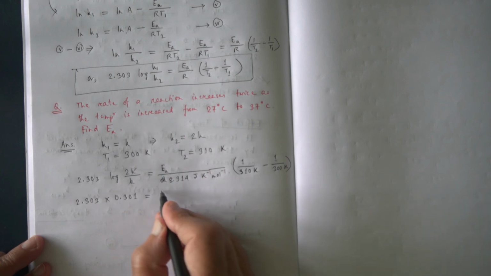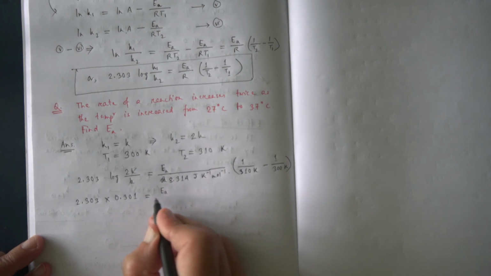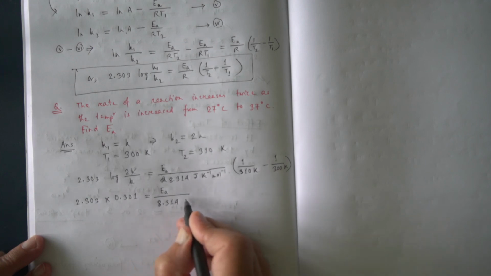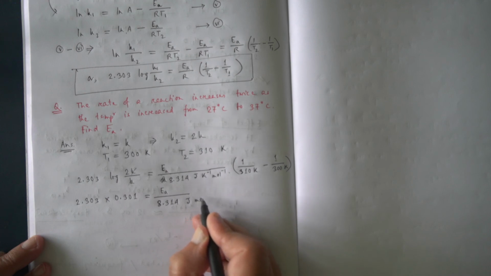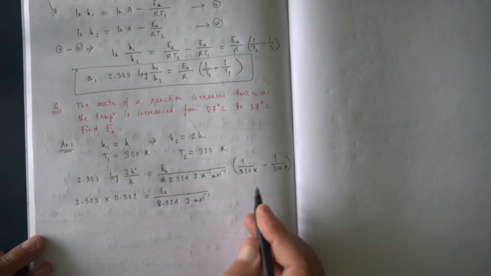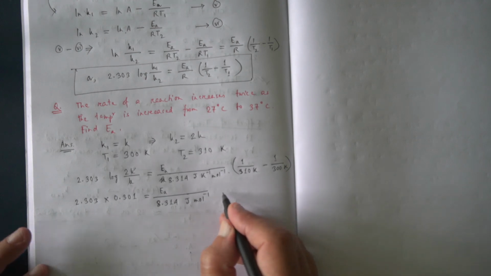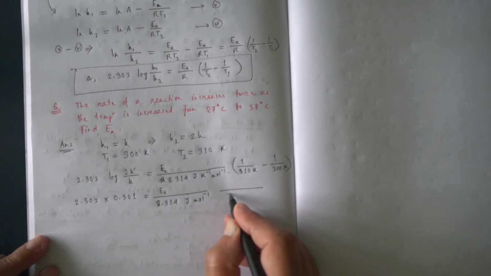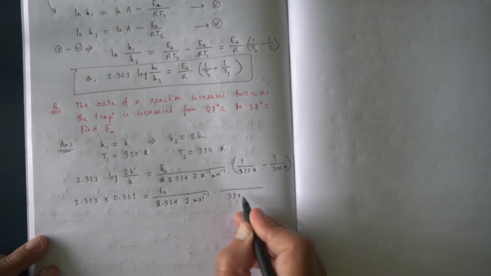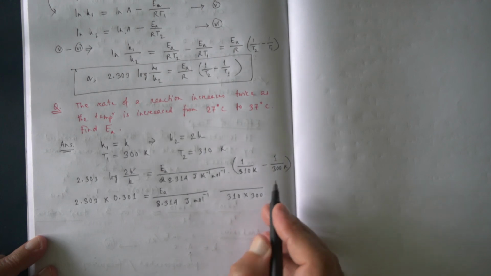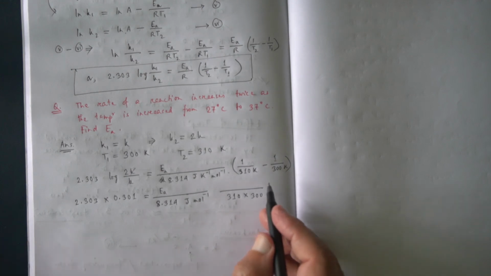Then EA is equal to 8.314 joule per mole, Kelvin cancel, and just simplify 310 into 300.